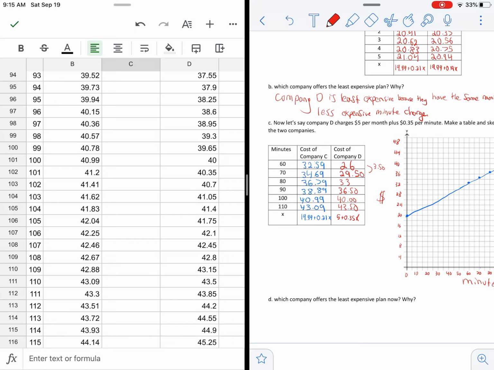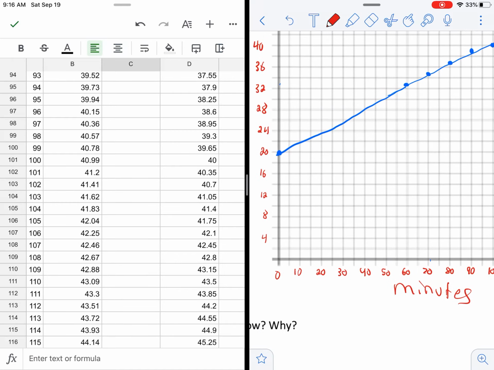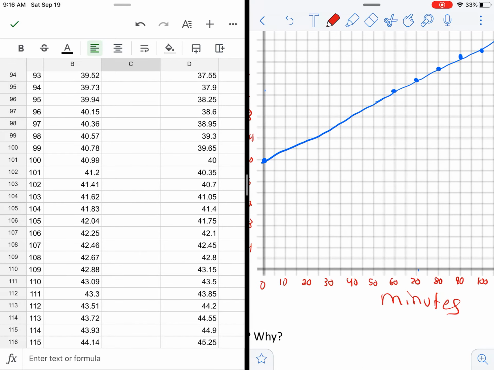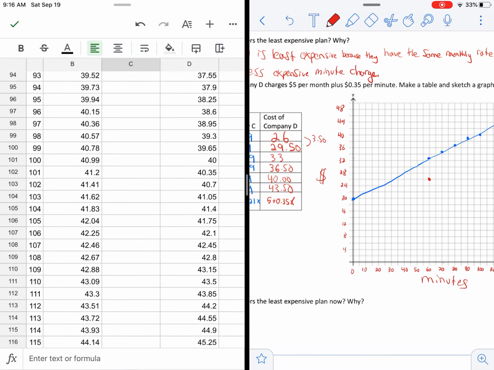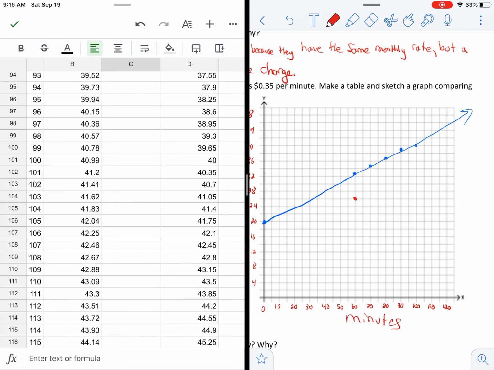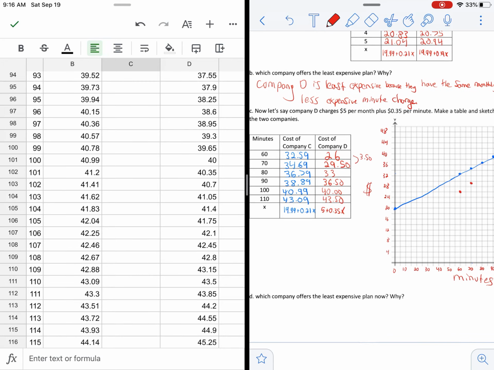At 60 minutes, company D, the red company, is at $26. I believe that's right there. And then it goes to $29.50, right about there, really close to 30.